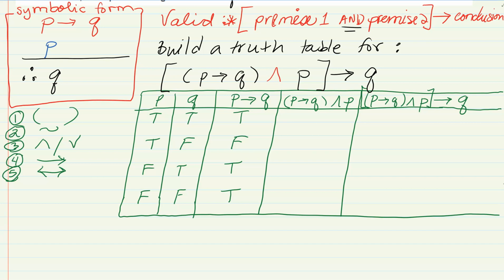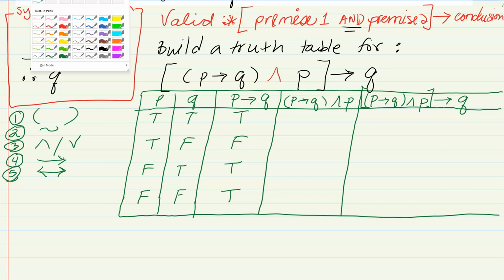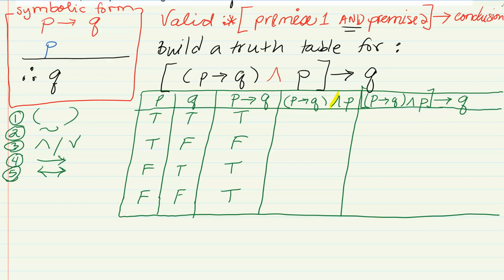Next, we want to focus on the and connective. So we're looking at the third column and first column, and we are looking at the and statement. And means it has to be true for both in order for the statement to be true.